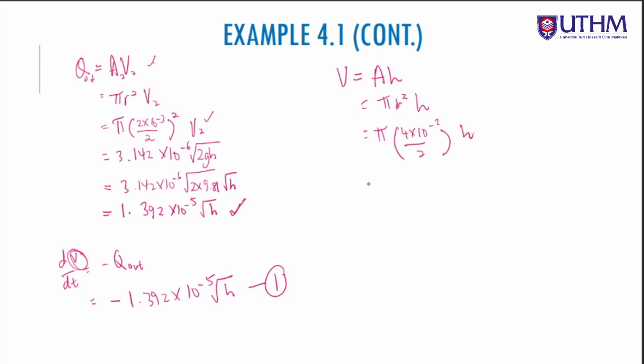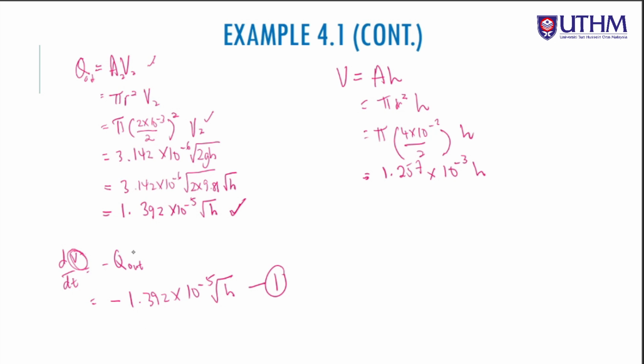So this one will give 1.257 times 10 to the power of minus 3 H. Okay, 10 to the power of minus 3 H.